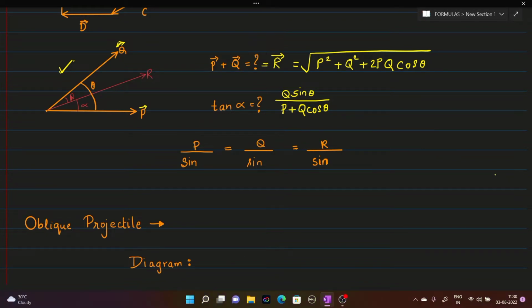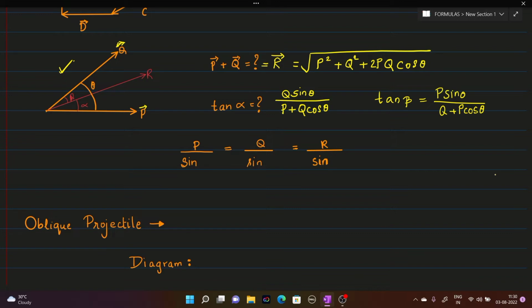This was the expansion of tan alpha. In a similar manner for tan beta, instead of q we write p sin theta upon q plus p cos theta. So both ways the question can be solved.